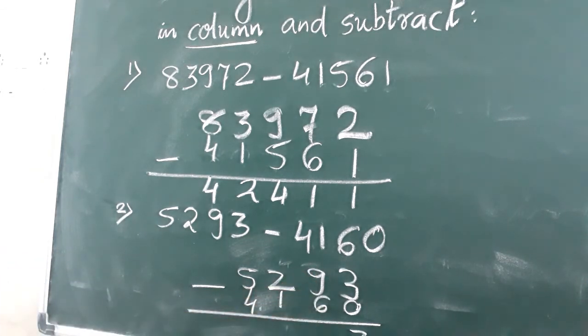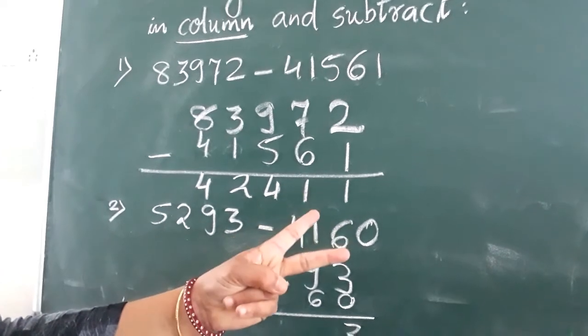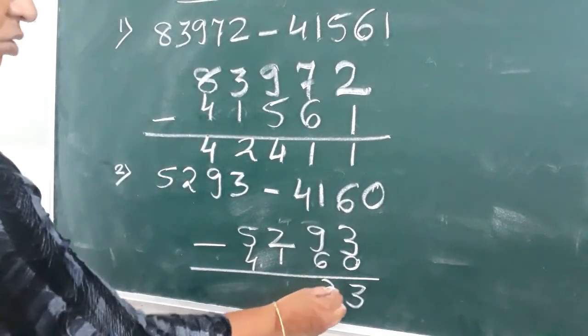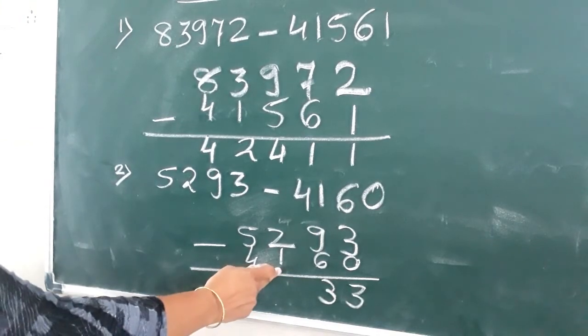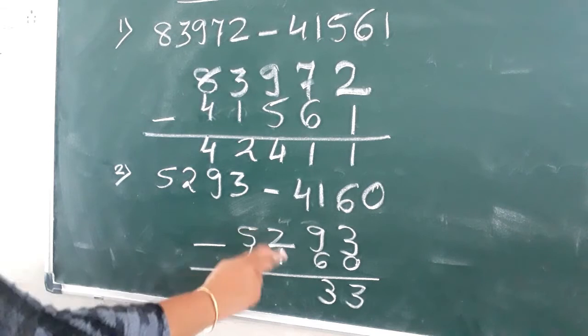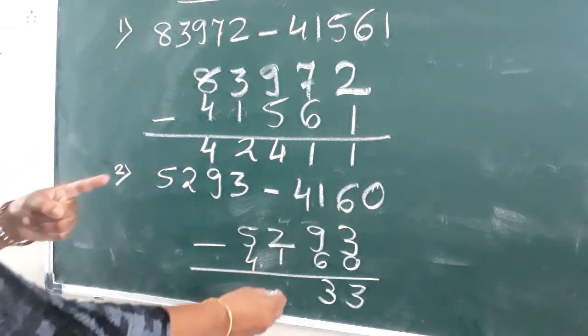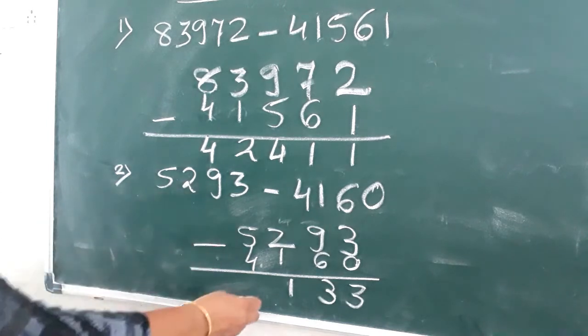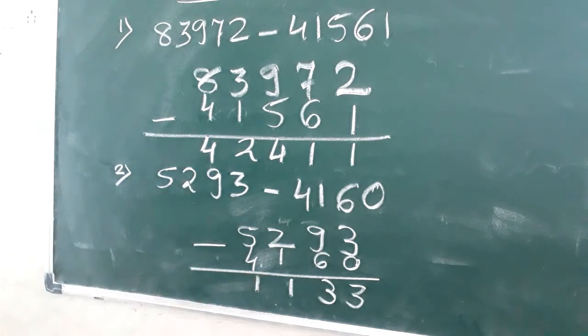So 6, 7, 8 and 9. So here the answer is 3. Now this is 1. You have to count after 1, reach up to 2. So 1 and 1, 2. After 4, the next number itself is 5. So this is 1.